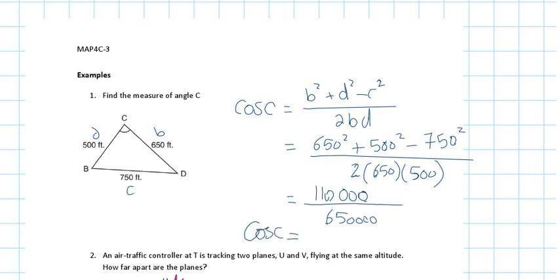Now you can do the top divided by the bottom. And that gives you 0.1692. Okay, remember that this is not my final answer. I'm looking for an angle, and I have cosine C equals to this. So what you have to do is cos inverse.